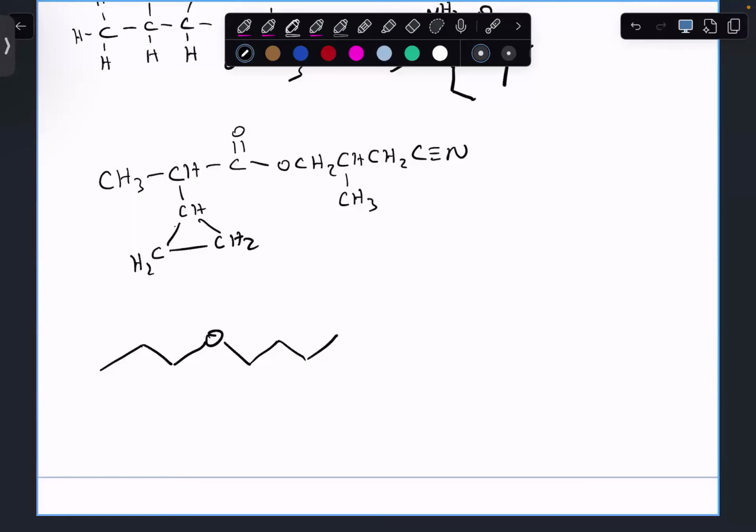So there's kind of the skeleton of our structure here. Notice up top you have 1, 2, 3, and then oxygen. 1, 2, 3, 4. Make sure we have that in this. 1, 2, 3 oxygen. 1, 2, 3, 4. So that is correct. Now we start decorating.